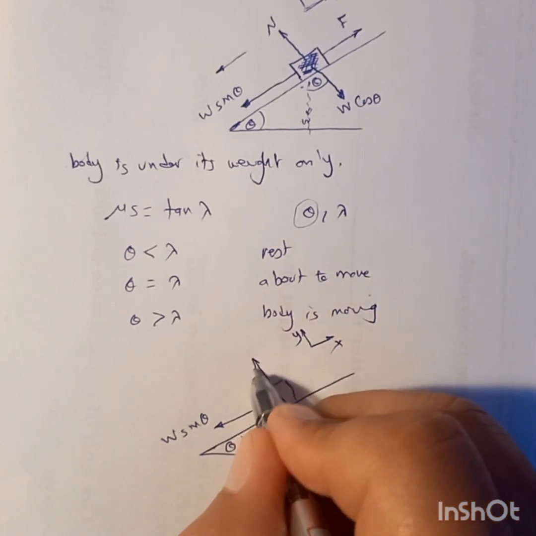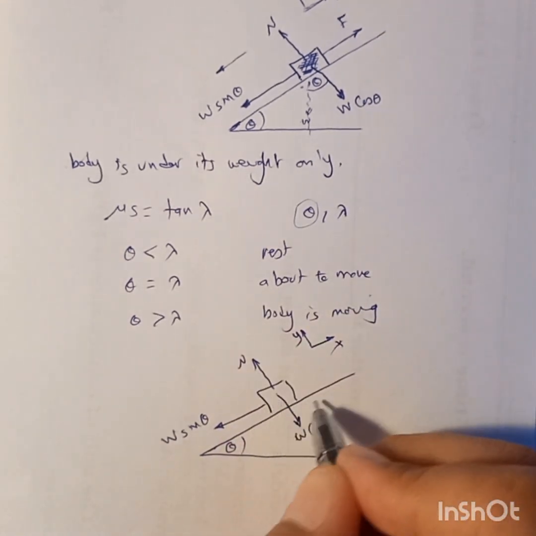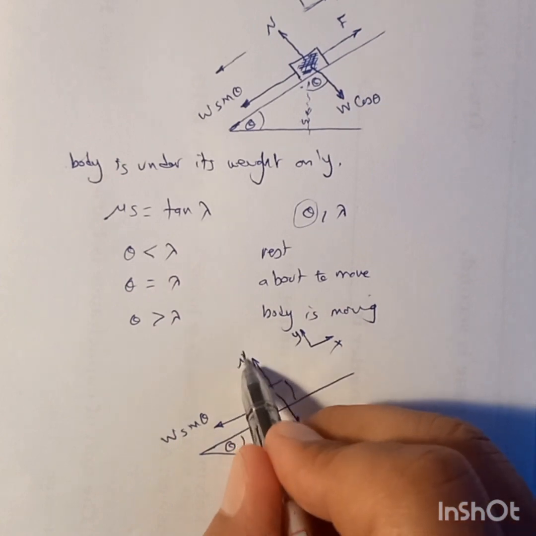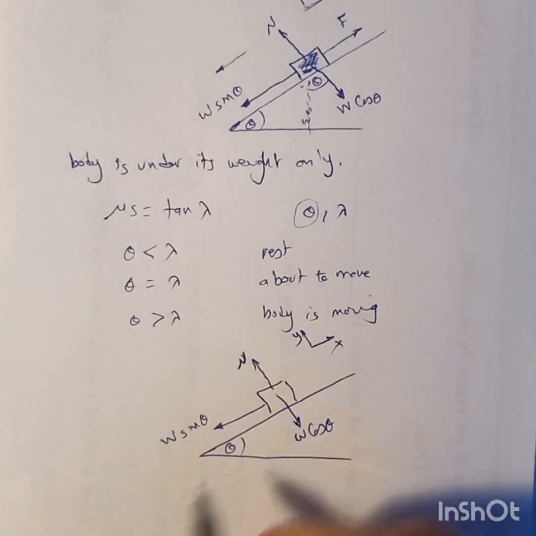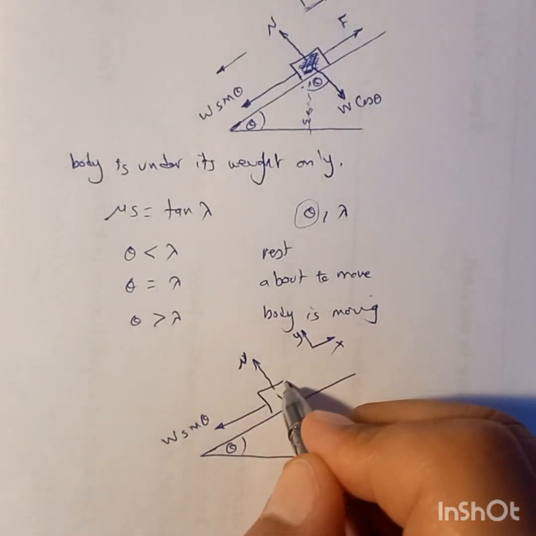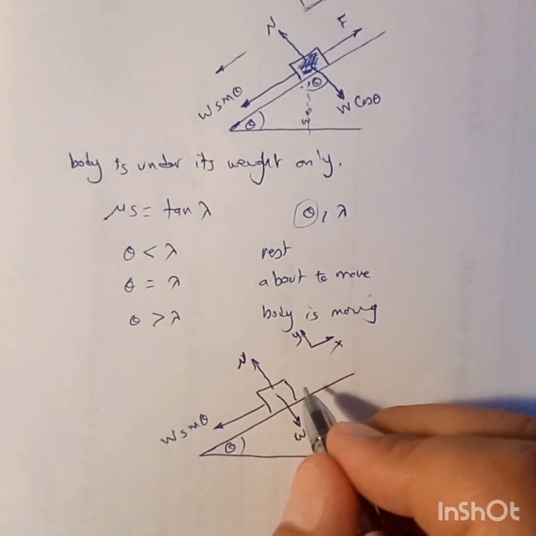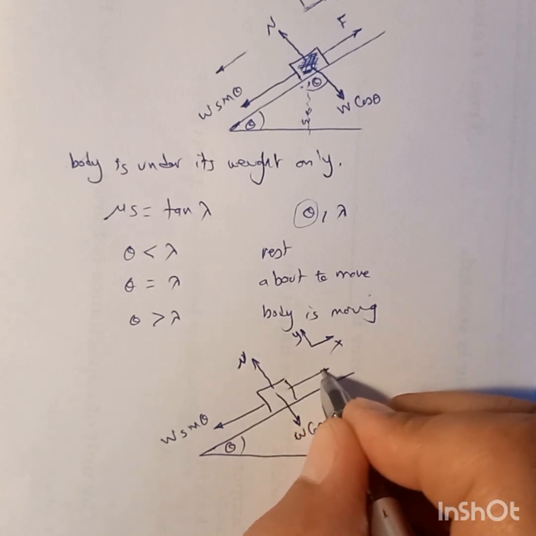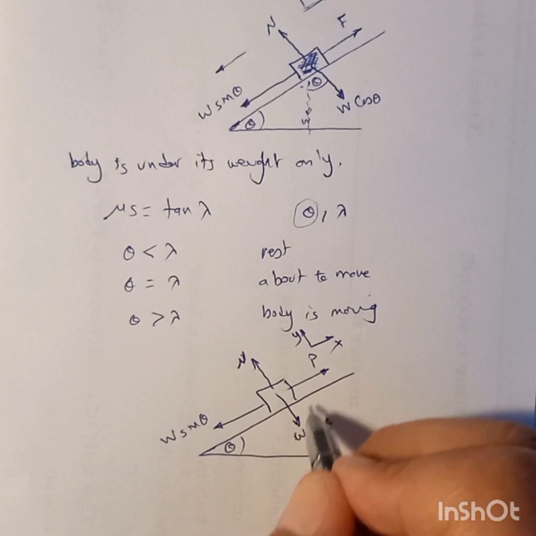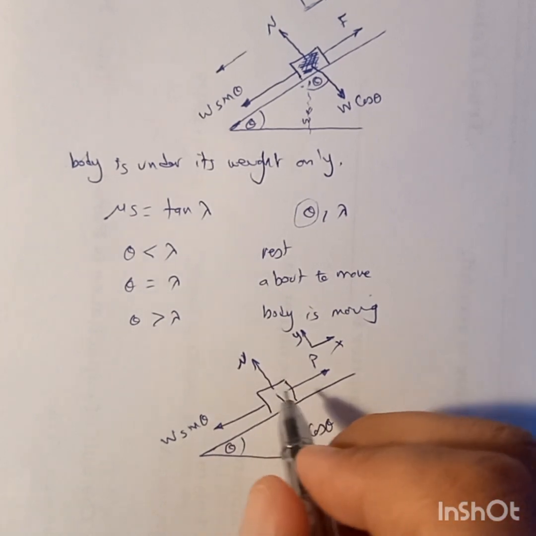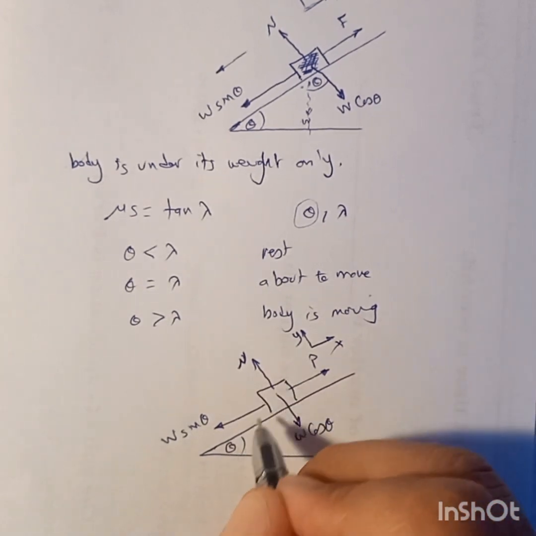Also we have the normal reaction of the inclined plane on this body. Here we assume there is an external force P acting parallel to the inclined plane in this direction. First we need to identify the expected motion direction of this body.